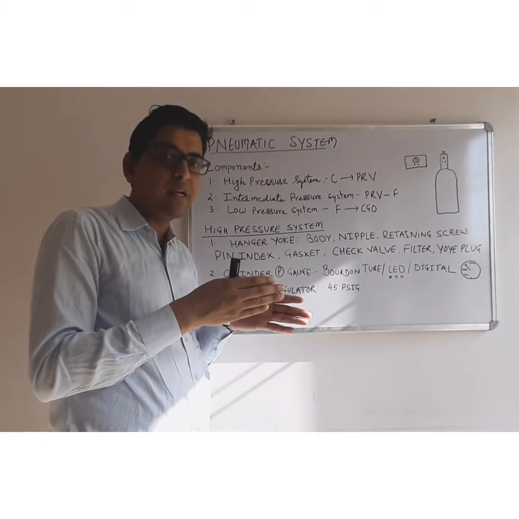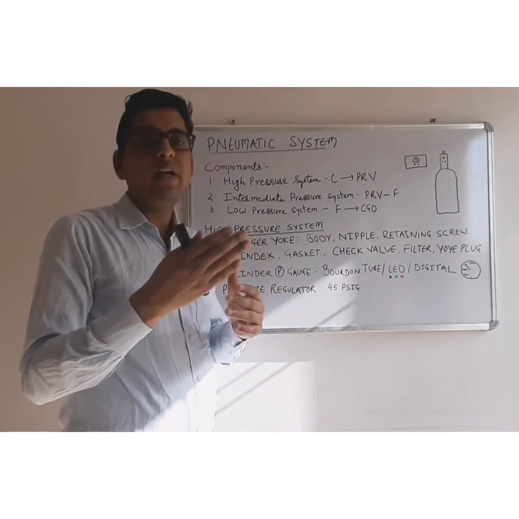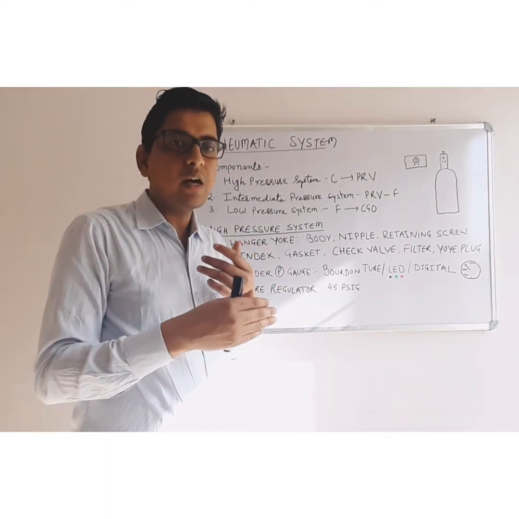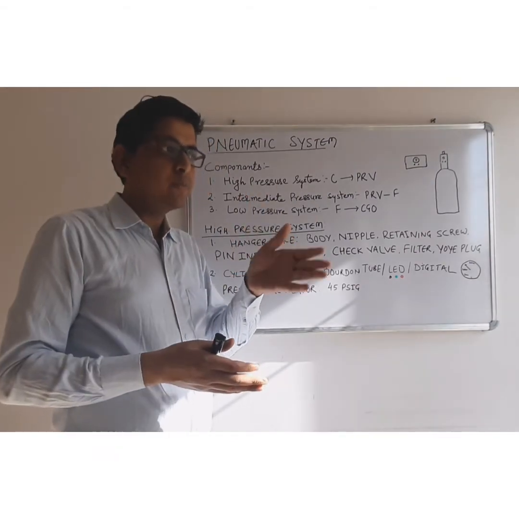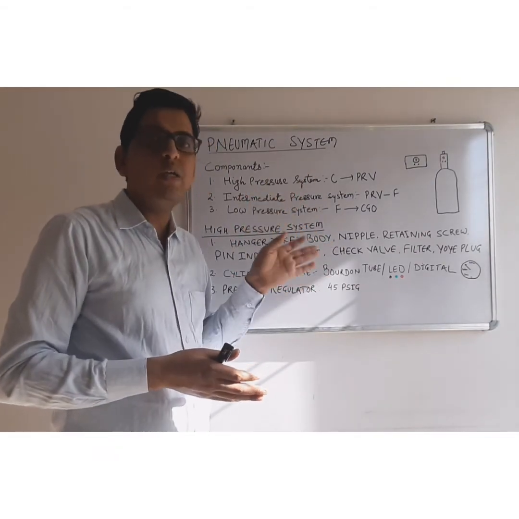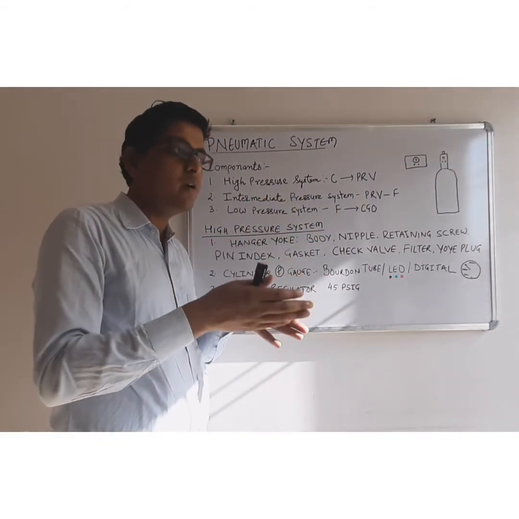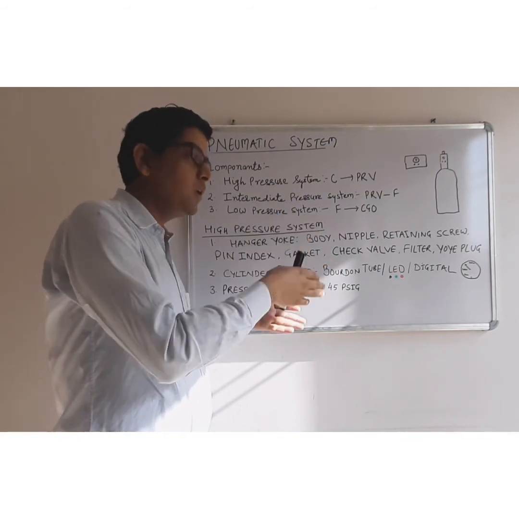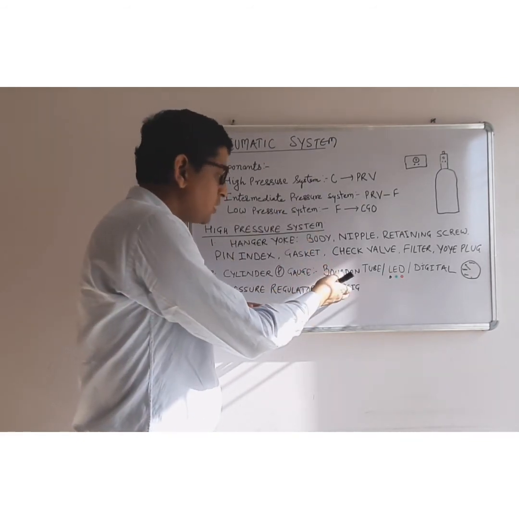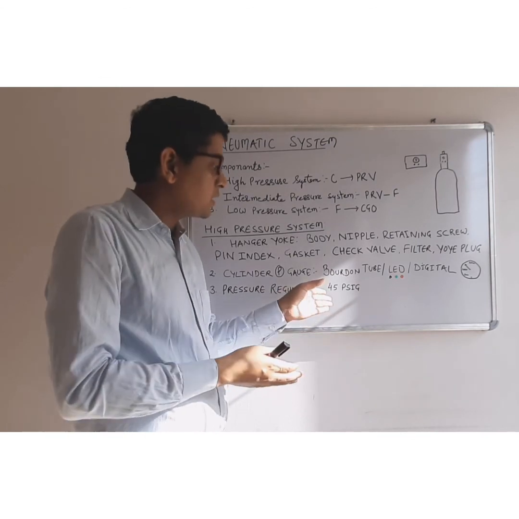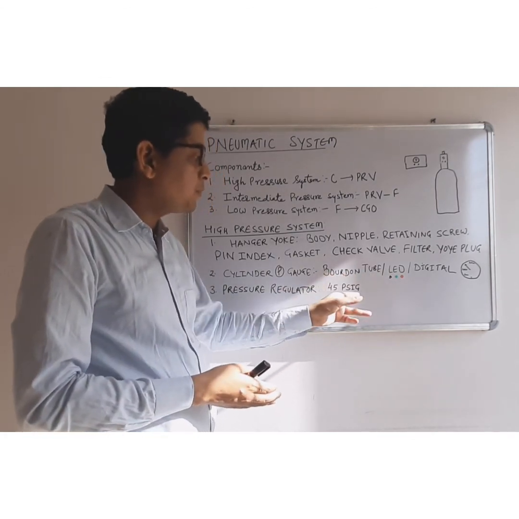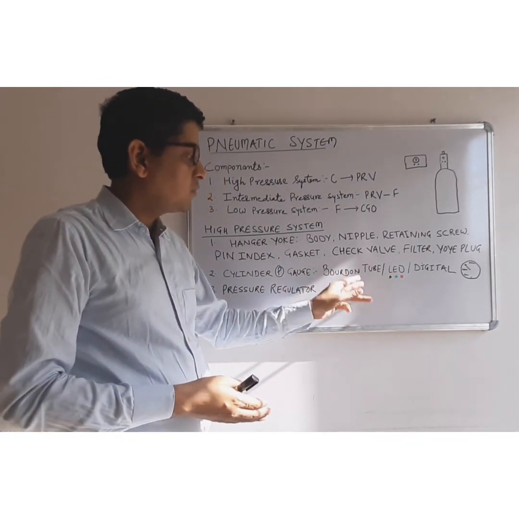When the cylinders are in use, the pressure in the cylinder keeps on changing. So this variable pressure and high pressure will be converted into the constant and low pressure, that is approximately 45 psig for the machine.